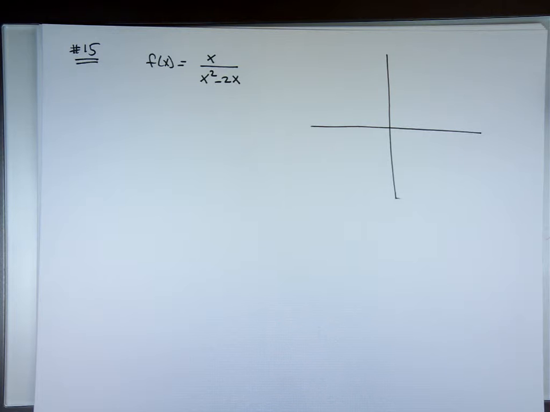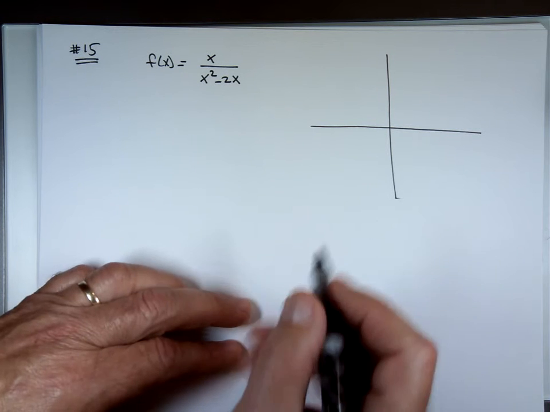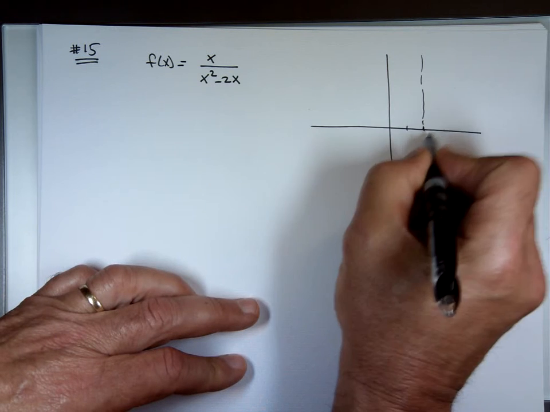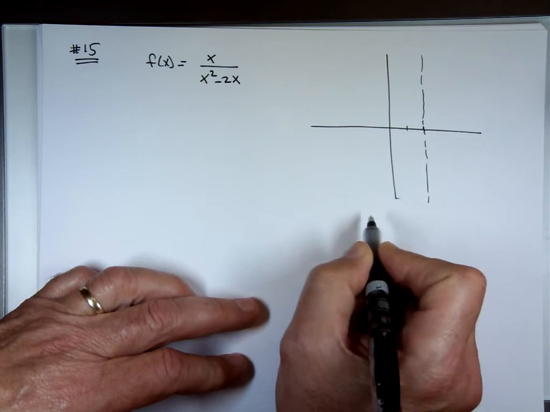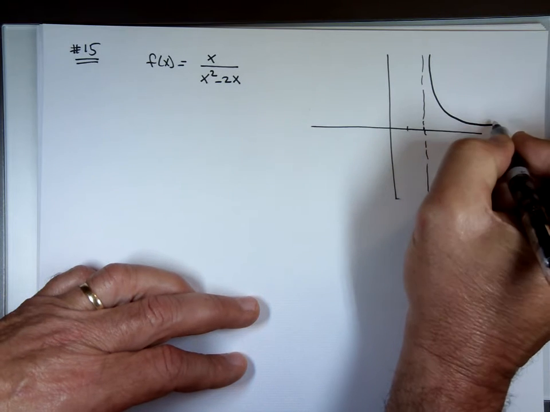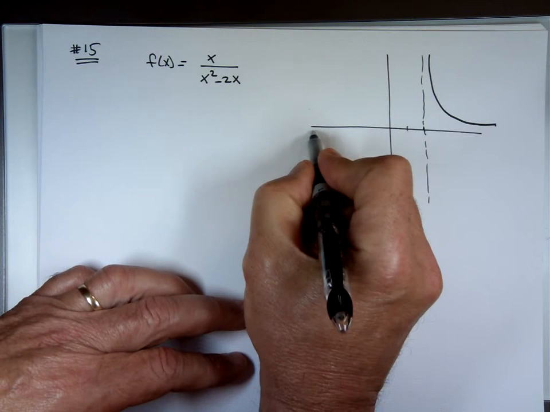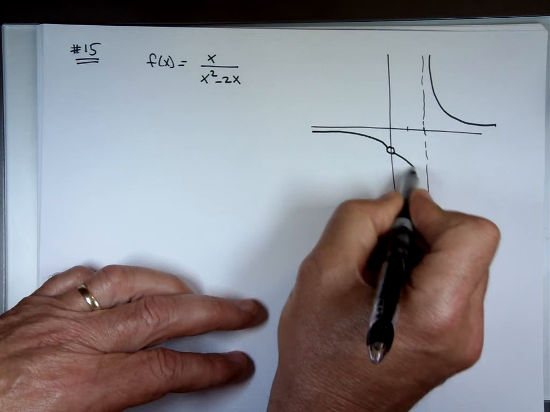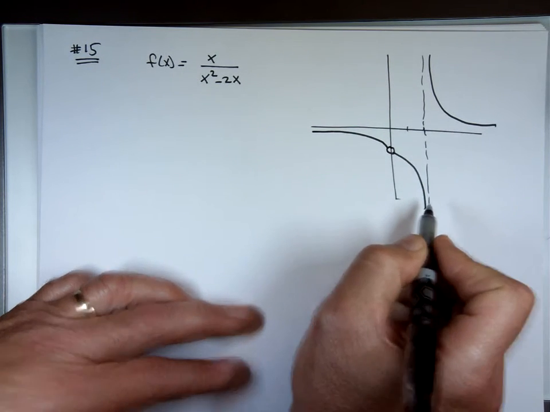When x is 0, it has a hole in it. We have an asymptote at 2. There's a vertical line going up like this at 2. And the graph looks like this. That was given to us in the problem. And after that, it looks like this. Has a hole here and continues to go down like this. So that's what the picture looks like.